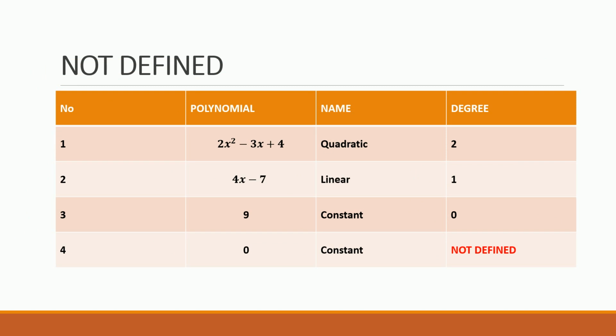Generally in lower classes, for the remaining four items also we say not defined, as the knowledge is limited in the lower classes. But when we go to higher classes, there is a lot of difference. For example, when we get 1 by 0, we say it is not defined in the lower classes.